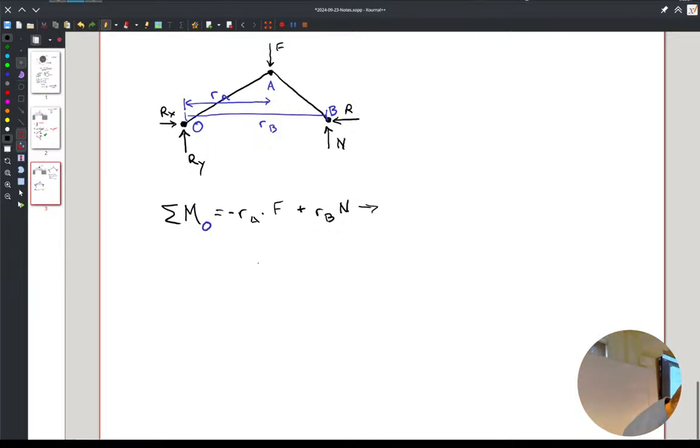So this is good. So now I know that F equals negative RB over RA times N. Or vice versa. I guess I would want the opposite, right?